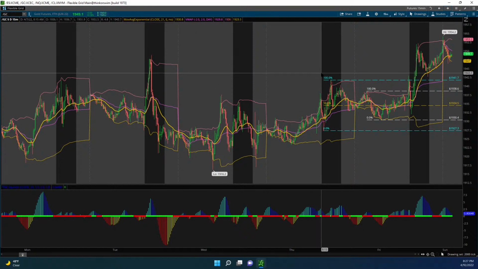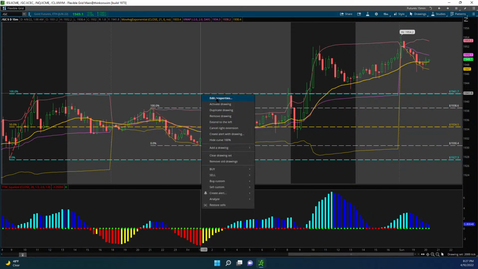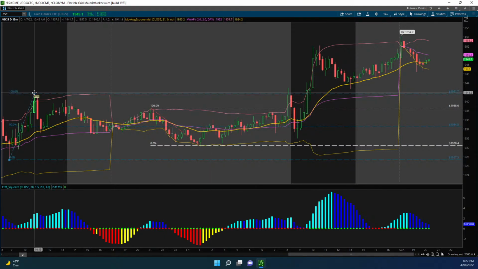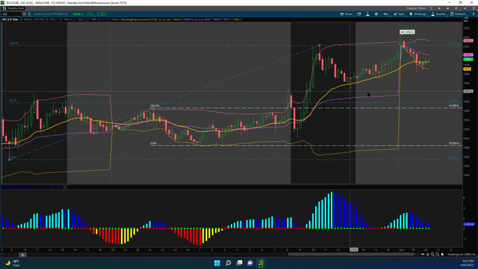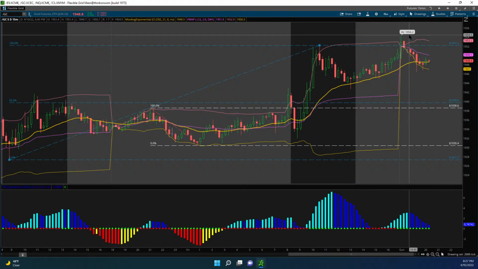Okay, next is gold. Let's move this one. So activating this one, the high. The market opened overnight right here. Put this high at 1950.54 and it started to sell off.